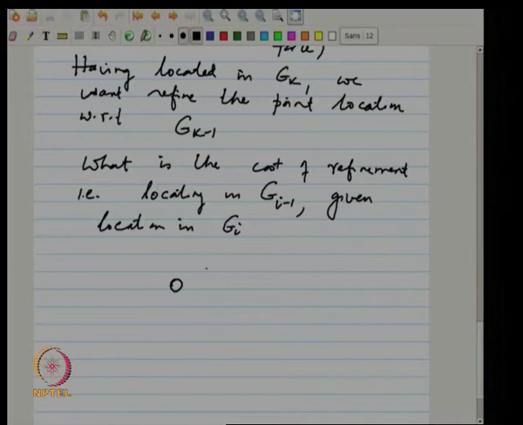If I can somehow store this information, here is a triangle of G i, a triangle of the blue triangulation, and there are a number of triangles of the red triangulation. So, here are my 1, 2, 3, the 3 of these triangles.